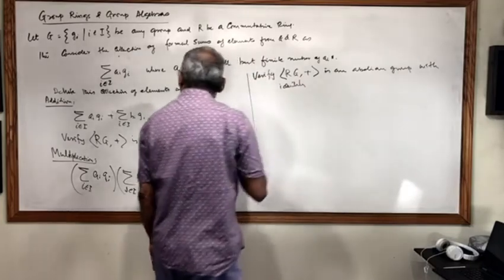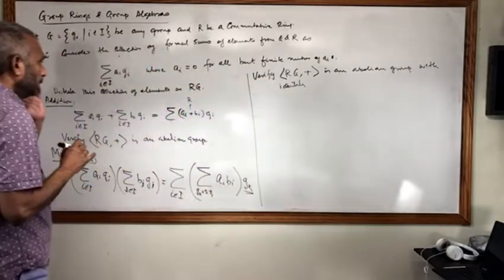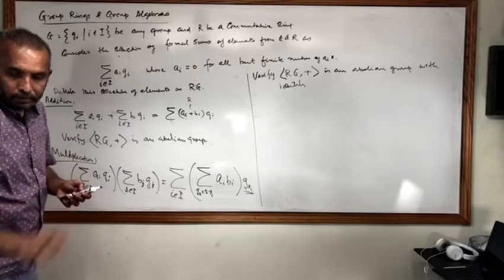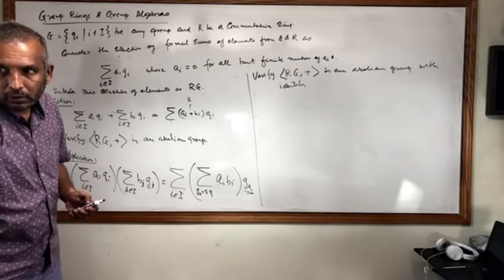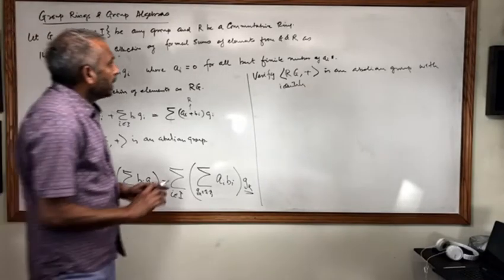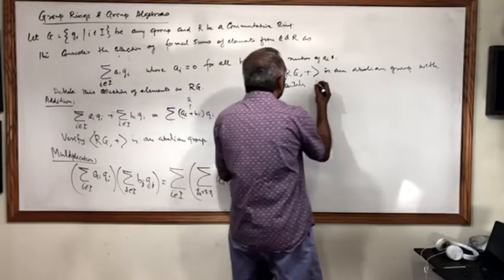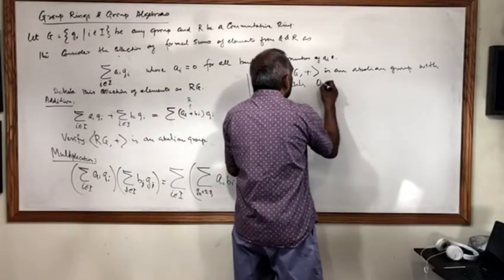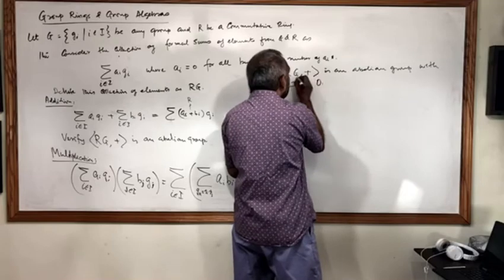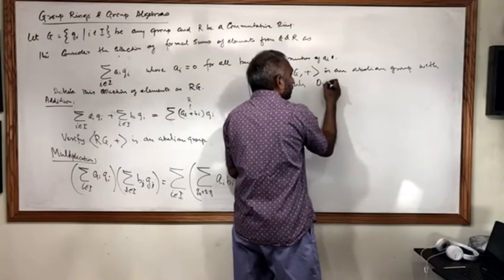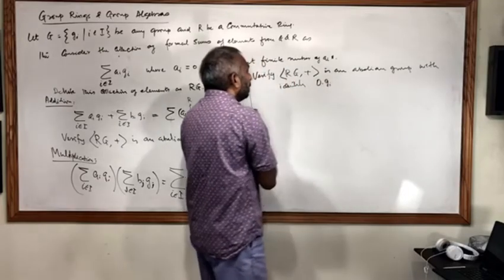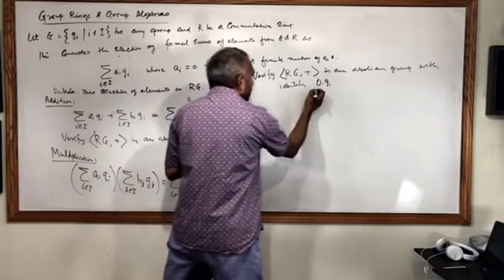What will be the identity of this? The identity will be 0 times any element of Gi, a finite sum.